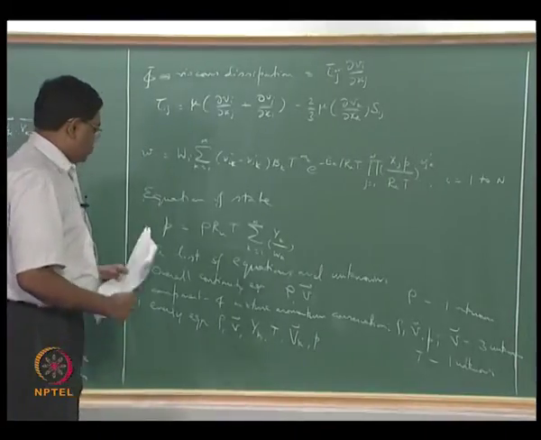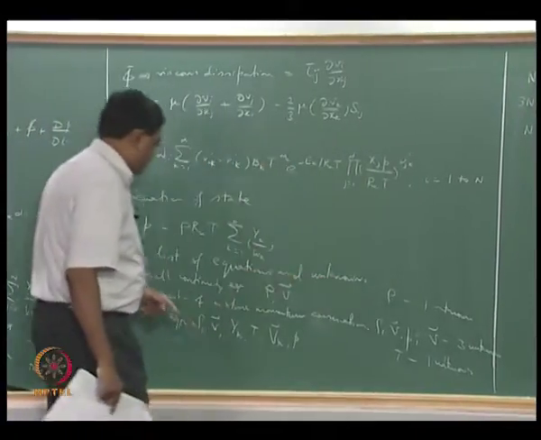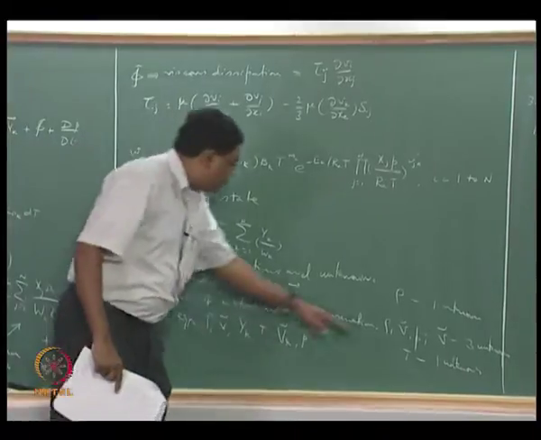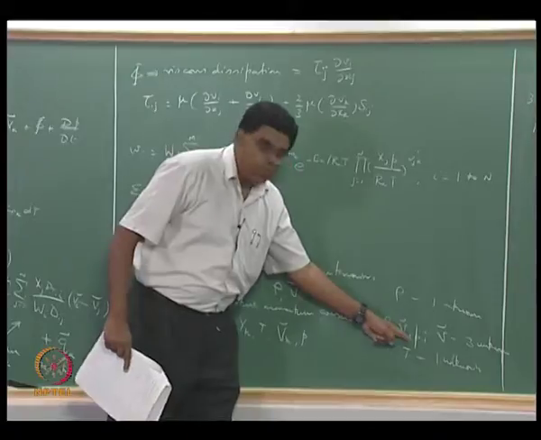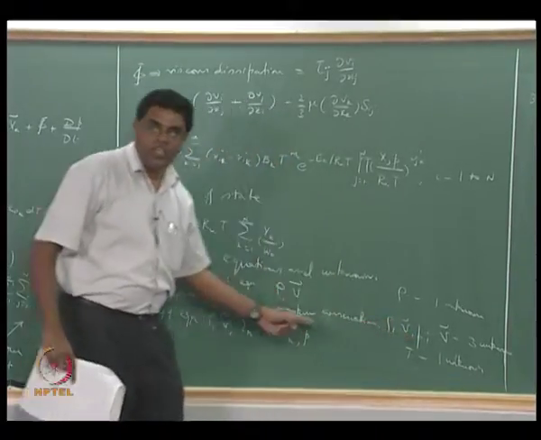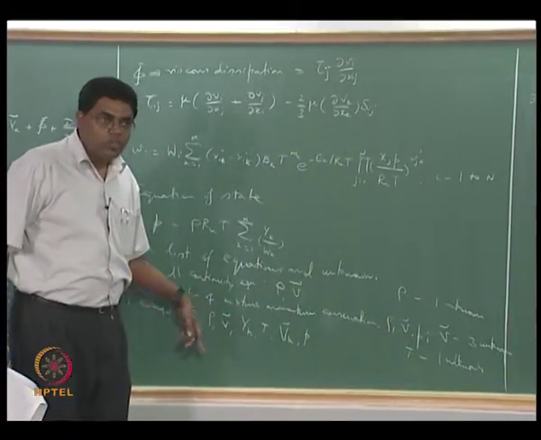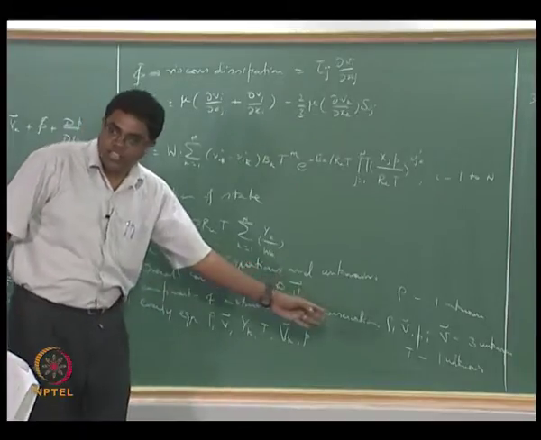Just go back. We have taken care of rho, we have taken care of v, we have taken care of t. We still have to worry about p. We started out with thinking that we will go through the energy equation in search of p, but we tagged it to t.